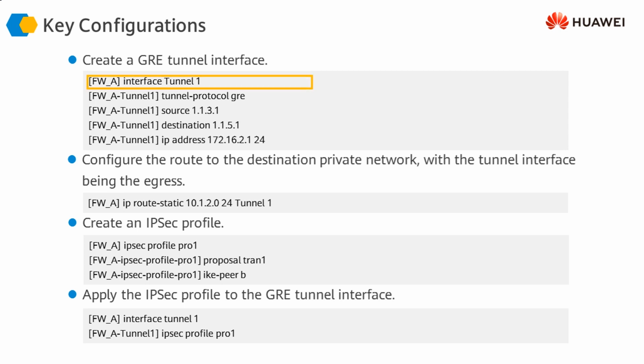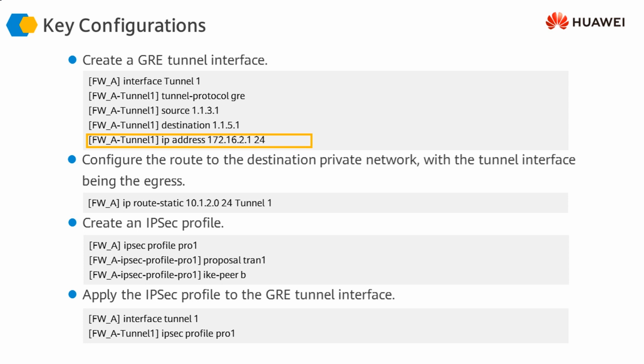We create a tunnel interface tunnel 1. Since this is going to be a GRE tunnel, we configure the tunnel protocol as GRE. The tunnel source is going to be 1.1.3.1, tunnel destination is going to be 1.1.5.1, and the IP address of the tunnel interface is going to be 172.16.2.1/24.